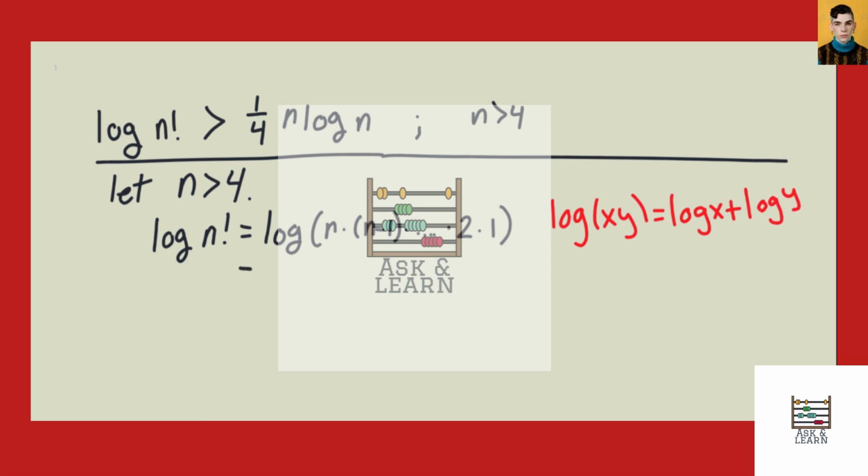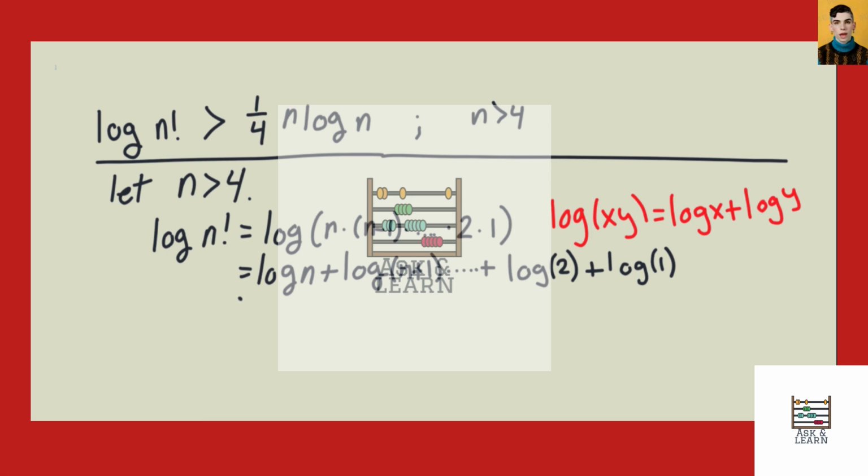We'll apply it here, so this gives us log of n plus the log of n minus 1, and so on and so forth, to the log of 2 plus the log of 1.